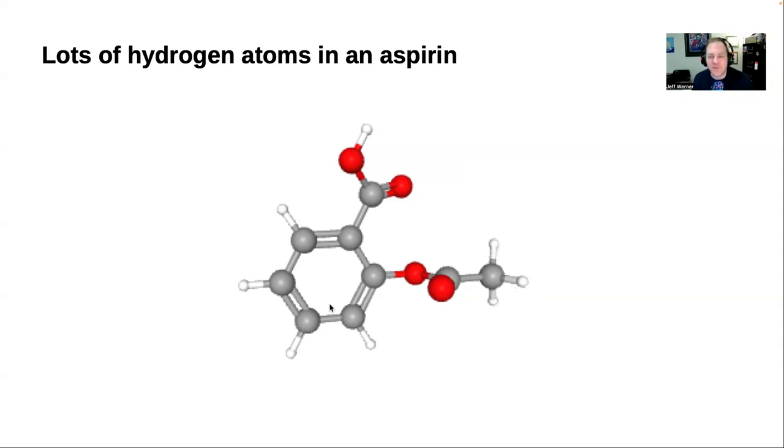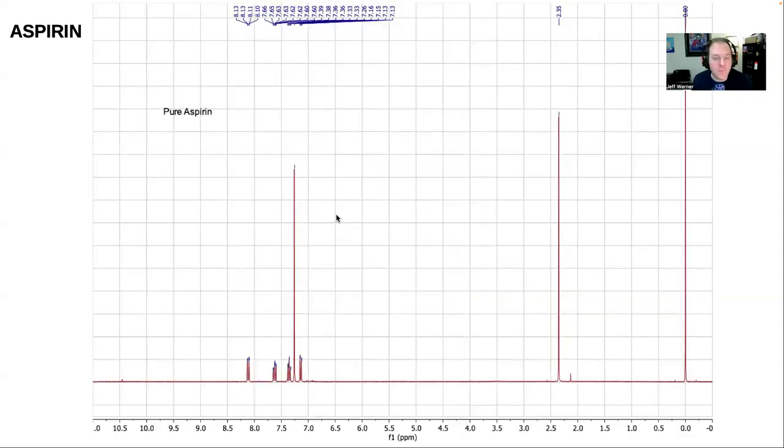Each of these hydrogens is going to give us at least one or more peaks on our NMR data. If we look at pure aspirin, so we took a sample of pure acetylsalicylic acid, or aspirin, not from this lab but store-bought, we get a signal that looks like this on the NMR. What I want to draw your attention to is that the position of the peaks is what's important.